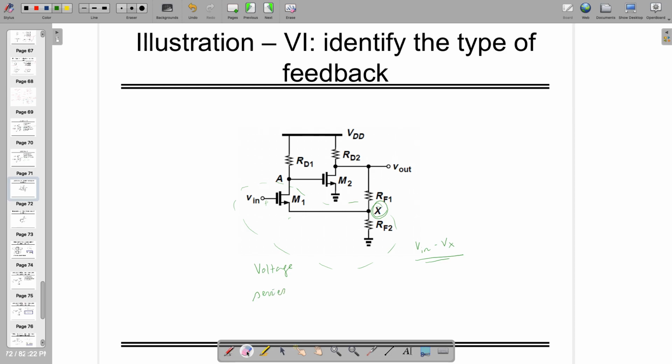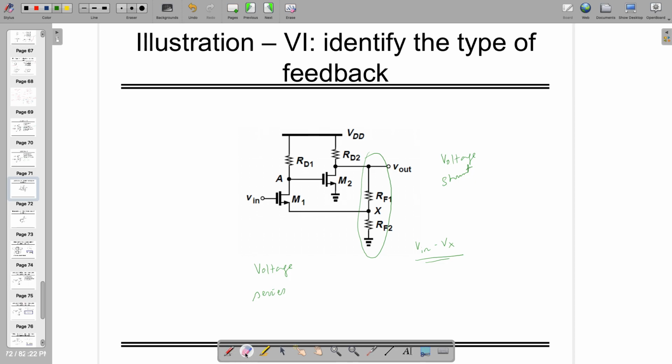Whereas if you are looking at the output side, the output is also a voltage, where the output is measured across the resistance, right? If it is measured across the resistance as it was last time, it's again a voltage, and this is taken into shunt, right?